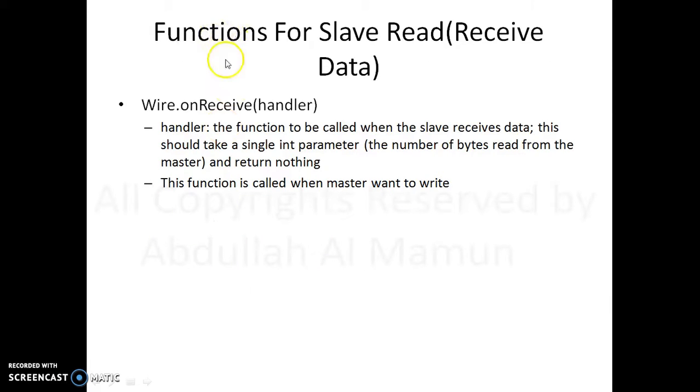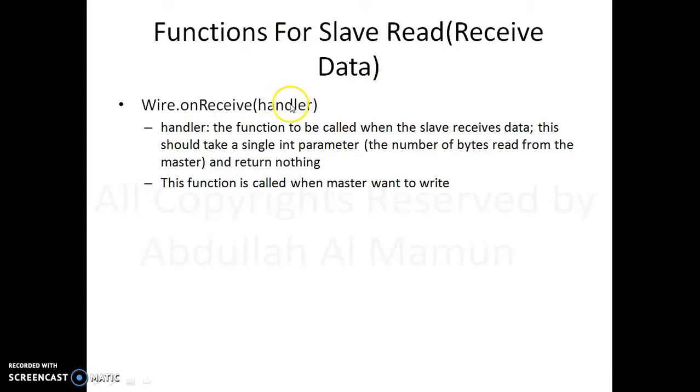So this is the one function which will be used for the slave to receive, or to read, the data which is coming from the master. This function is called Wire.onReceive, and its parameter is a function that we define.